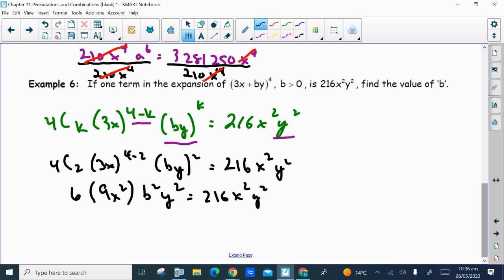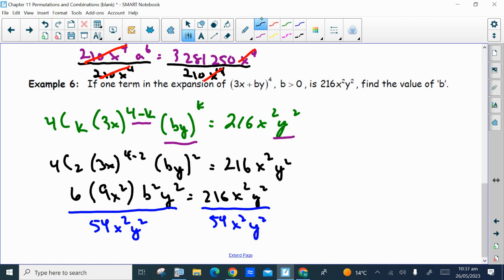And we need to solve for b. We are told that b is greater than 0, positive. On the left, 6 times 9 is 54x squared y squared, so I'm going to divide both sides by 54x squared y squared. The 9 times 6 cancels with your 54, the x squareds cancel, and the y squareds cancel. You're left with b squared on the left.